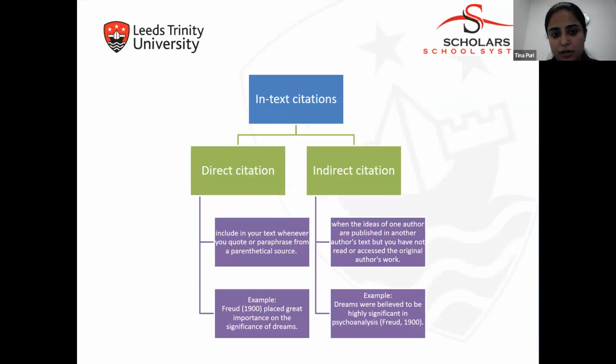An example of a direct citation is: Freud (1900) placed great importance on the significance of dreams. An example of an indirect citation is: dreams were believed to be highly significant in psychoanalysis (Freud, 1900). So the direct citation, as we can see in the example, can be given at the start of the sentence, and the indirect citation is given at the end of the sentence.